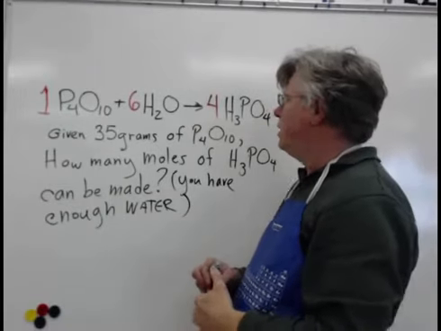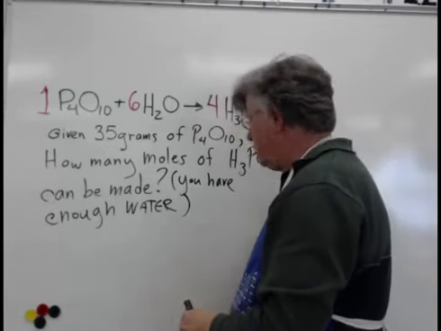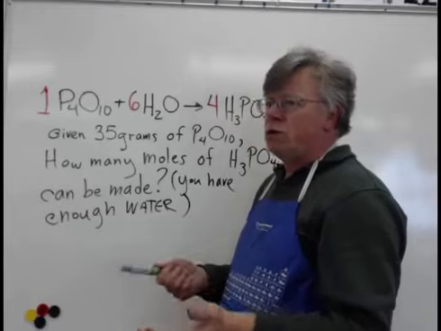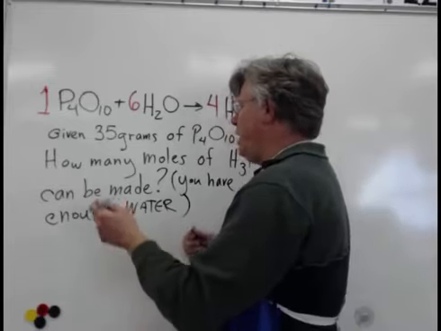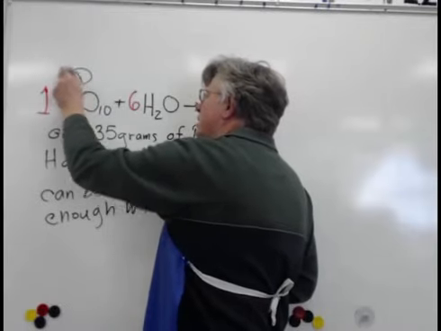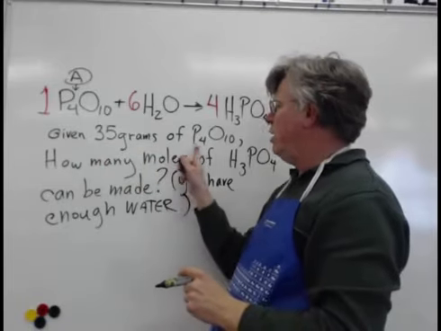Okay, now that I've got my balanced chemical equation, let me start setting up the problem. The thing I was showing you in the mole map that we call A turns out to be this material, because as you can see, I'm given a certain amount of that.